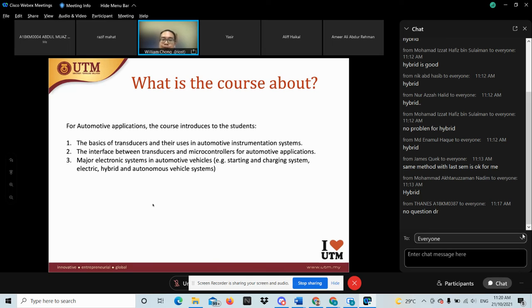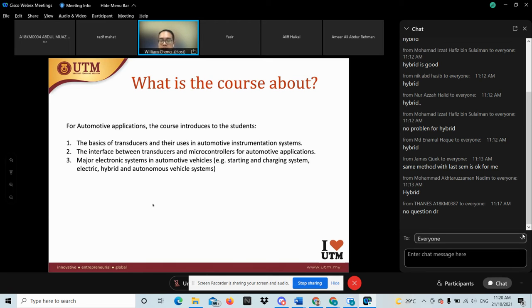So the first half of the semester would be looking into transducers, microcontrollers, and then analysis of electronic systems. Okay. And then in the second half, we'll be looking at major electronic systems that we use in automotive vehicles. So we'll be covering, for example, the starting system, charging system, electric vehicles, and hybrid and autonomous vehicle systems.